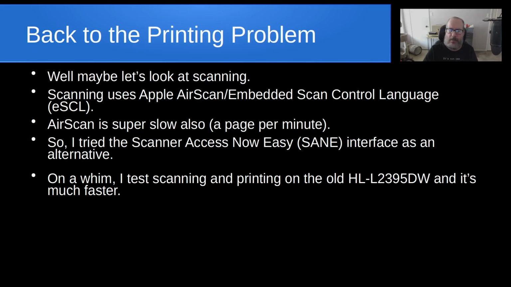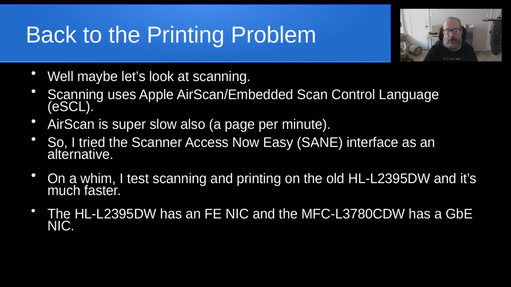So on a whim, I decided to test scan and print on the old HL2395DW after having cycled power and everything. And wow, it actually scanned, and it actually scanned much faster. Interesting.